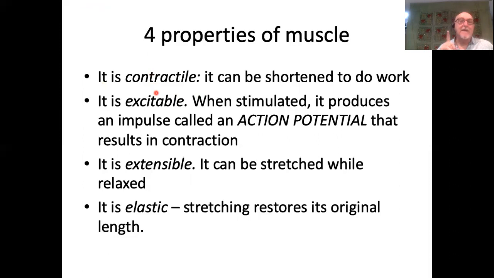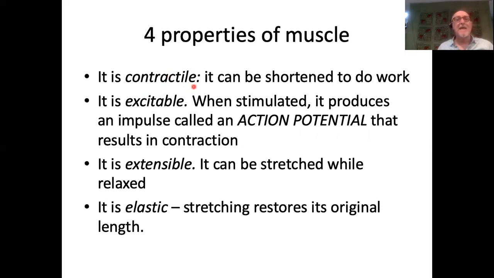That contractile nature is conferred by the fact that it has fibers of actin which run all the way through it, which interact with another protein, a motor protein called myosin. And when it contracts, the myosin reaches out, grabs the actin fibers, and pulls them together to shorten the muscle. That is what makes muscle contractile.